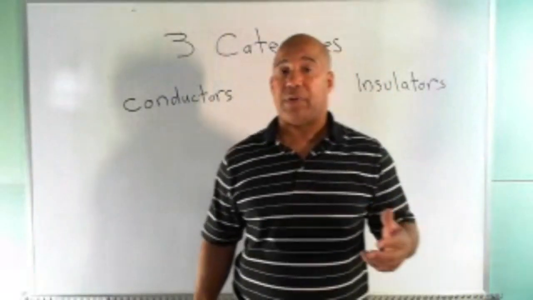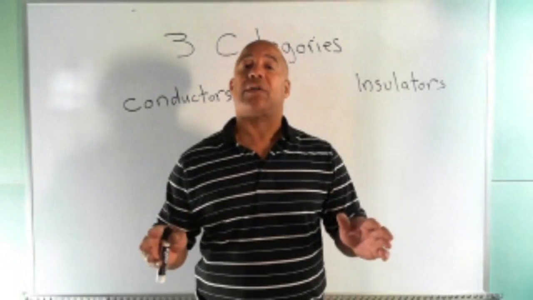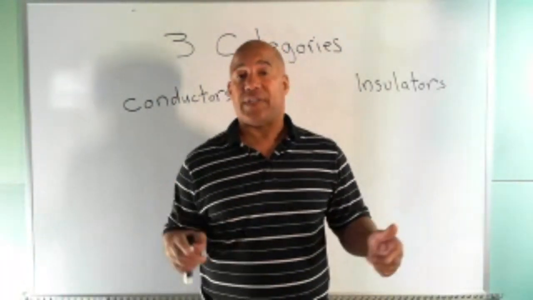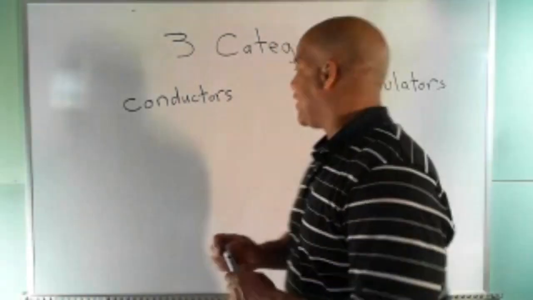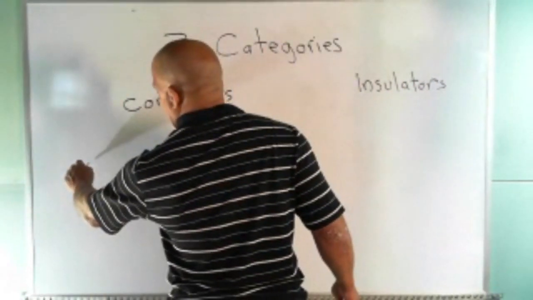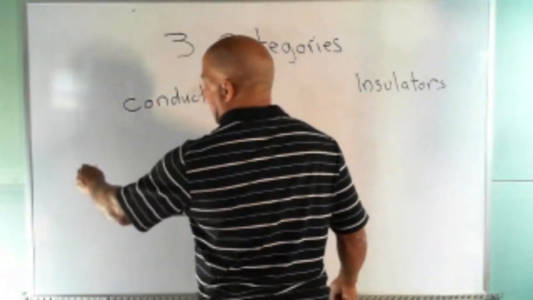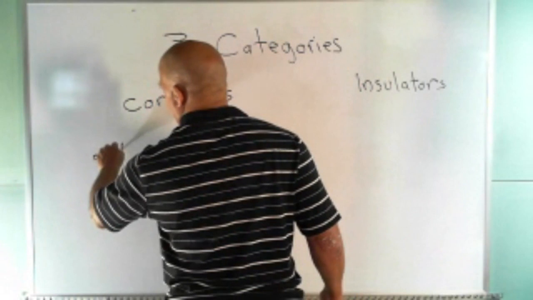I want to say a little bit about that, because on Blackboard, remember I told you there were some documents on Blackboard? I'll make a video of it, but one of those is called Conductors versus Insulators. Now you want to really look at that, because it's kind of neat. What it is, is a graph. On one end, they have good conductors.